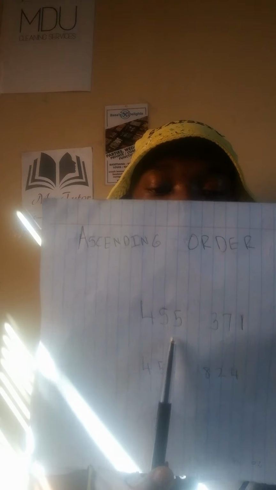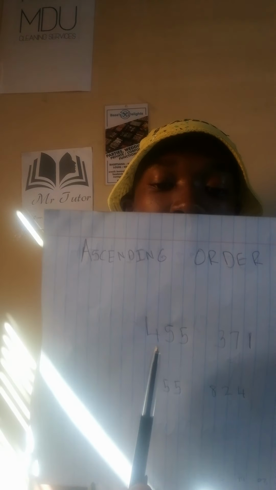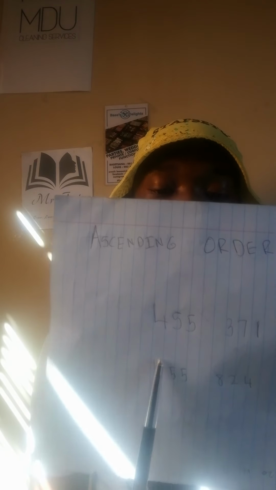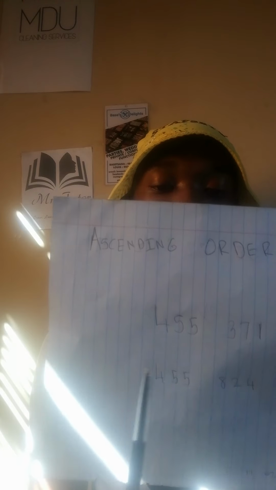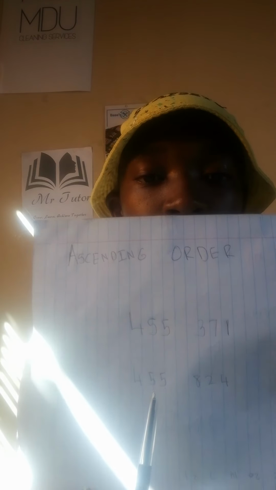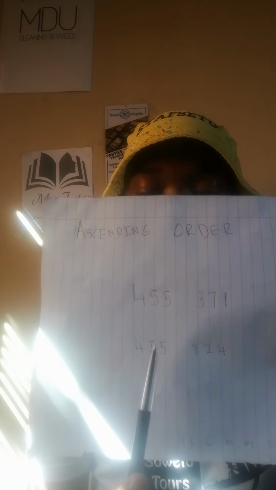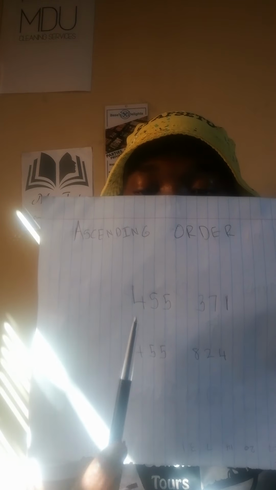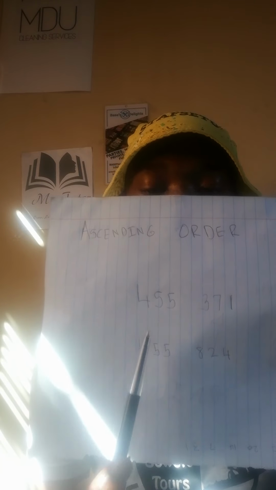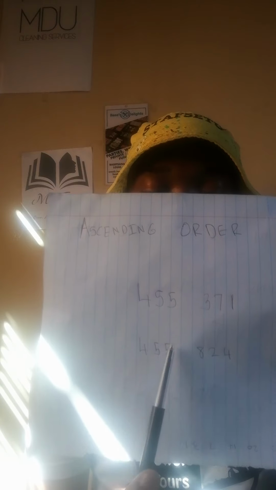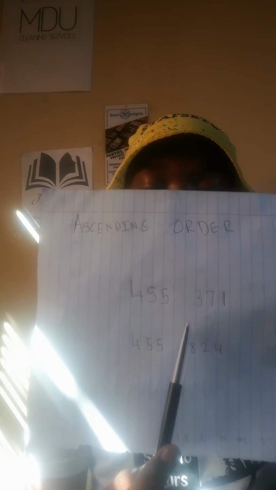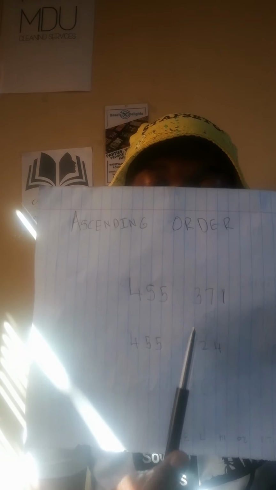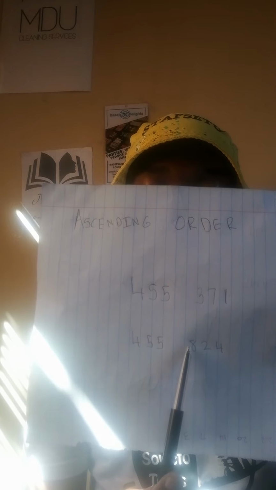To spot which number is bigger than the other, obviously the first three numbers are the same, as you can see. So you won't really identify which number is bigger or smaller here. But as soon as you cross over to here, you can see that the number 3 is obviously smaller than the number 5.